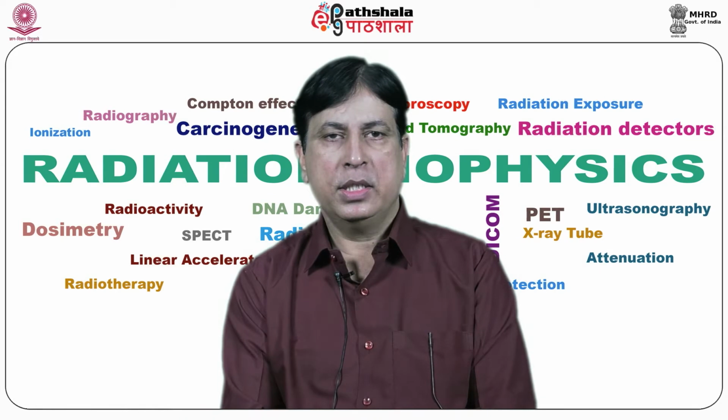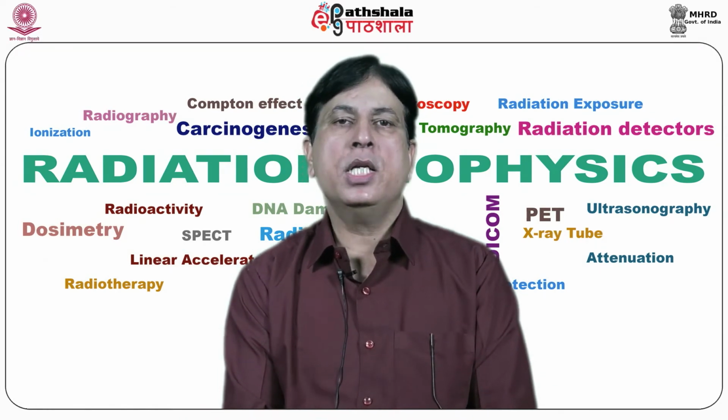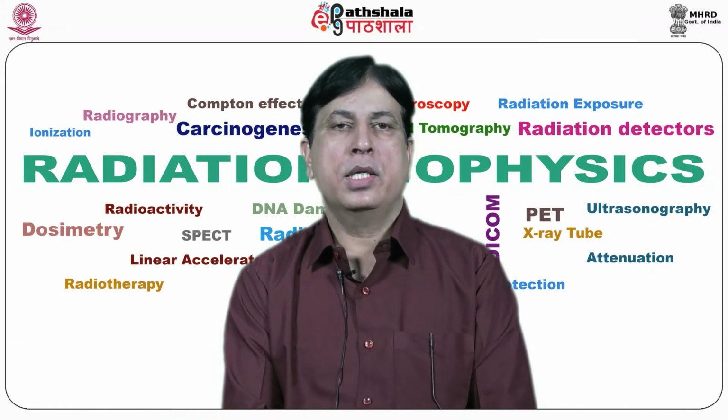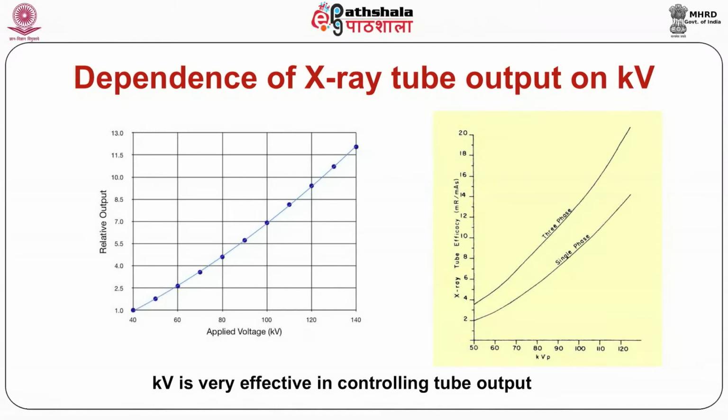So now we will see the effect of tube voltage first. Tube voltage, which is generally expressed as kV or kVp, is very useful in controlling the radiation output of an X-ray tube. Figures show the variation of X-ray tube outputs with tube voltage, that is relative output and output in the unit of MR per ms respectively.